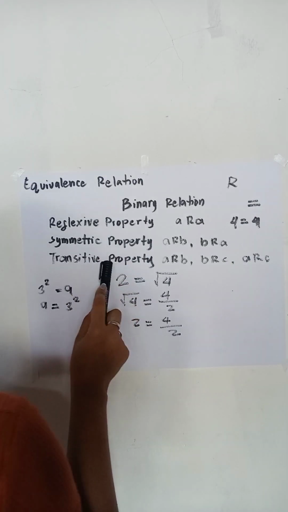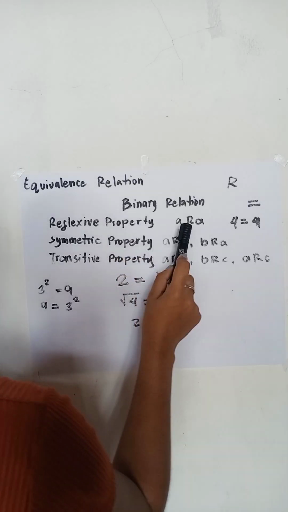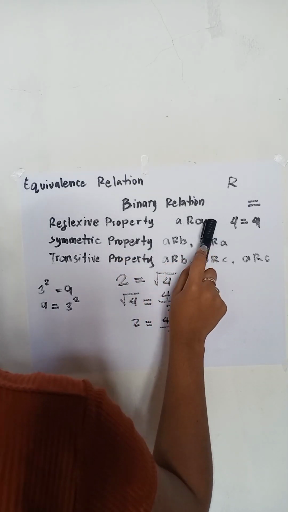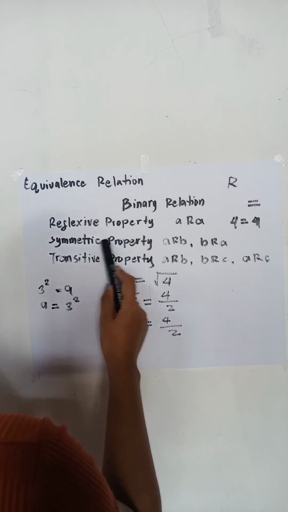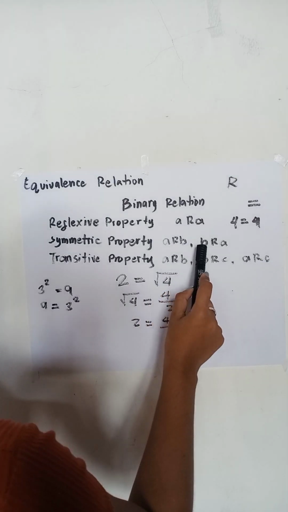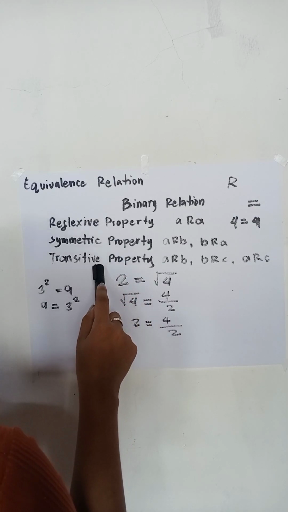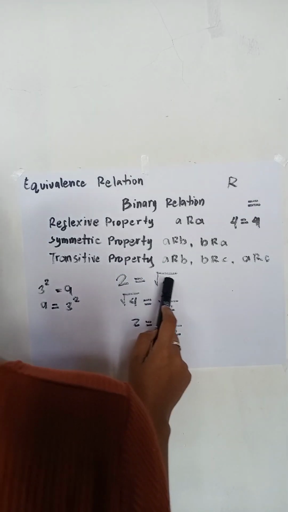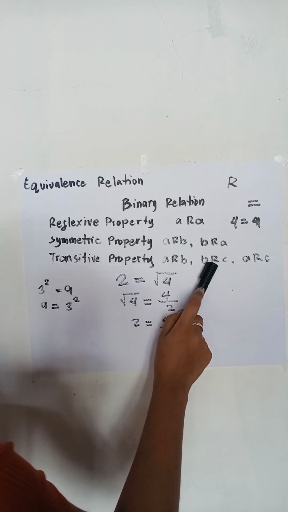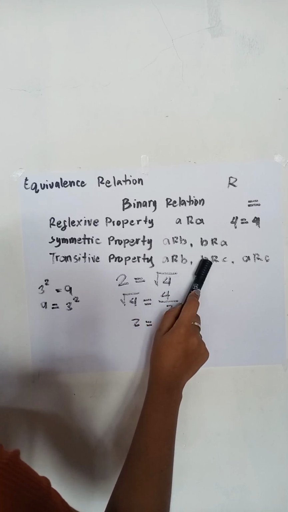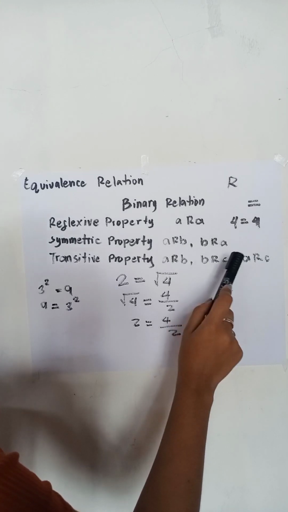Being reflexive means that every object under consideration relates to itself, and being symmetric means that if A relates to B, then B relates to A. And it must be transitive, which means that if there are three objects under consideration A, B, and C, such that A relates to B and B relates to C, then it must also be that A relates to C.